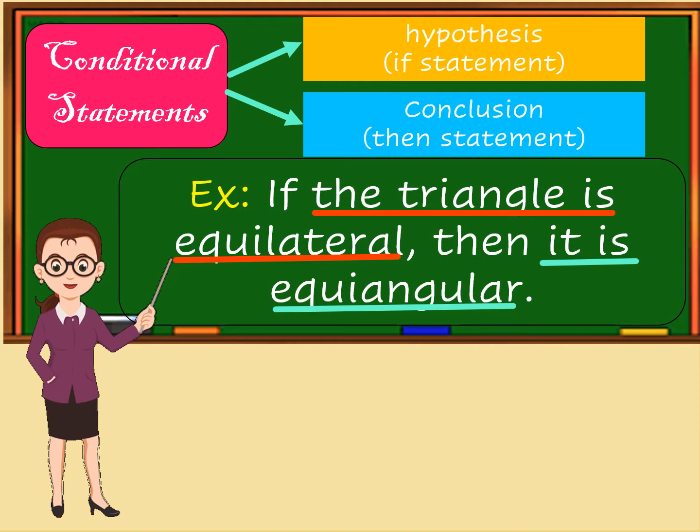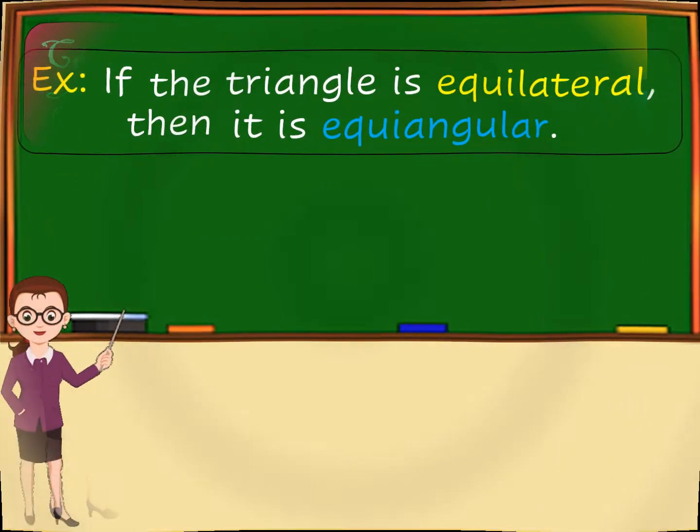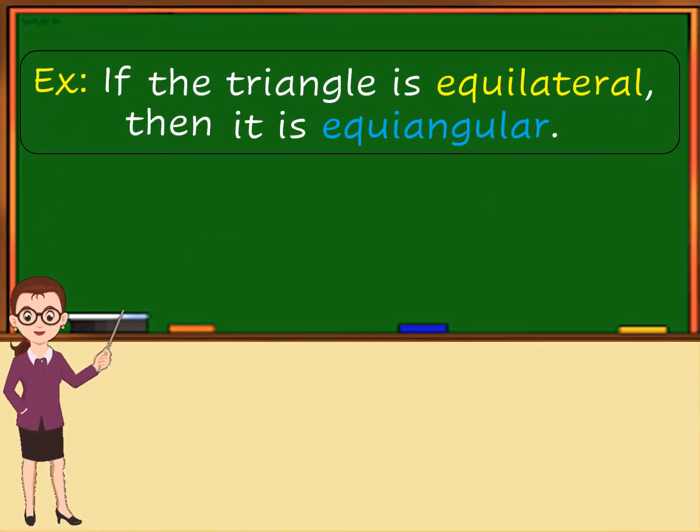Is it true that if the triangle is equilateral, it is also equiangular? Yes, this conditional statement states a true statement. What if we exchange the positions of the hypothesis and the conclusion in the conditional statement?